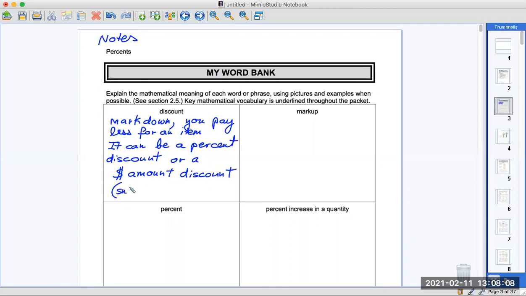So when you have a discount, you subtract from the original price.